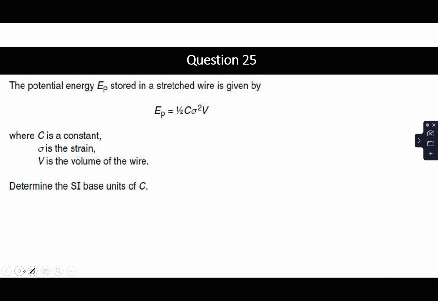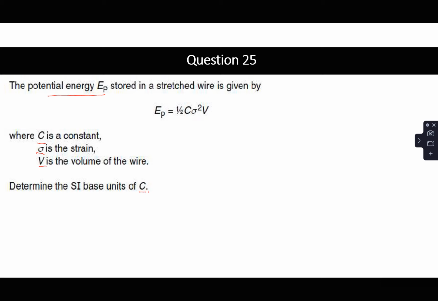Question 25. The potential energy, so EP is standing for potential energy, in a stretched wire is given by that expression. Sigma is strain, C is a constant, V is volume.